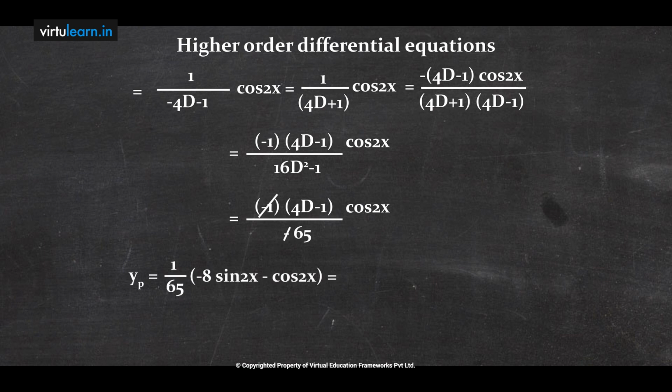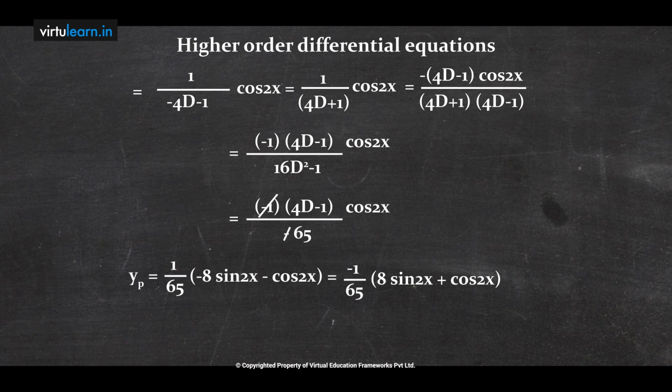Capital D is the differential operator, meaning differentiation with respect to x. Differentiation of cos 2x is minus 2 sin 2x, and minus 2 into 4 is minus 8 sin 2x, minus cos 2x. Therefore, taking minus common, the final answer is minus 1 by 65 into 8 sin 2x plus cos 2x.